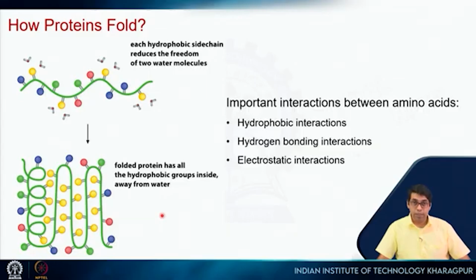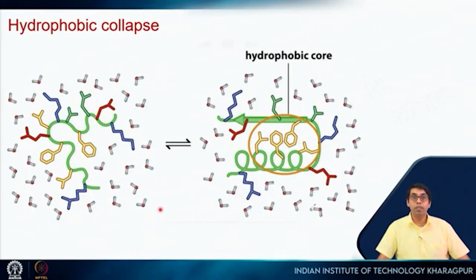What drives this final folded form? These interactions and also something called hydrophobic collapse. When in this unstructured form, the water molecules close to this protein have restricted motion, so they have restricted degrees of freedom. Also, these hydrophobic side chains do not like to interact with water molecules.